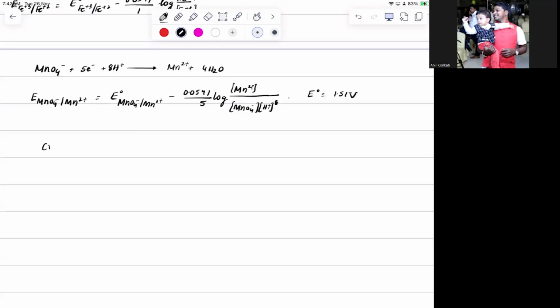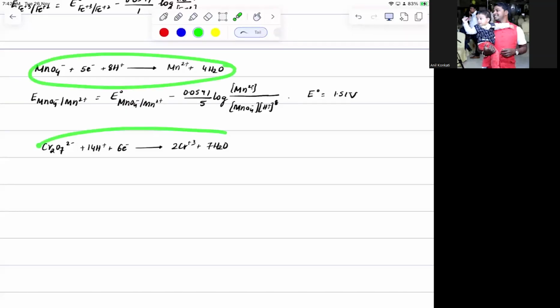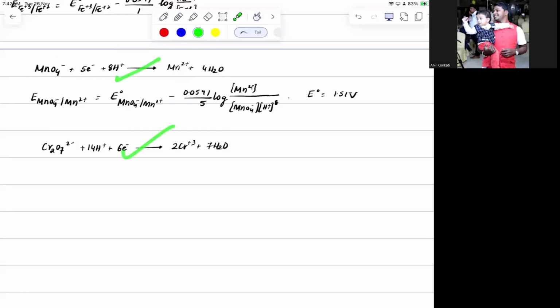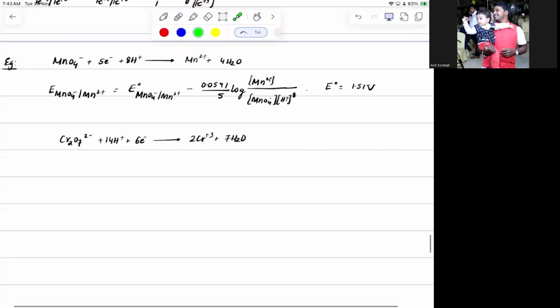Similarly, for dichromate, Cr2O7 2 minus plus 14H+ plus 6 electrons gives us 2Cr+3 plus 7H2O. These two are sometimes not given in the questions. This is something you are expected to remember, especially for manganese and dichromate.